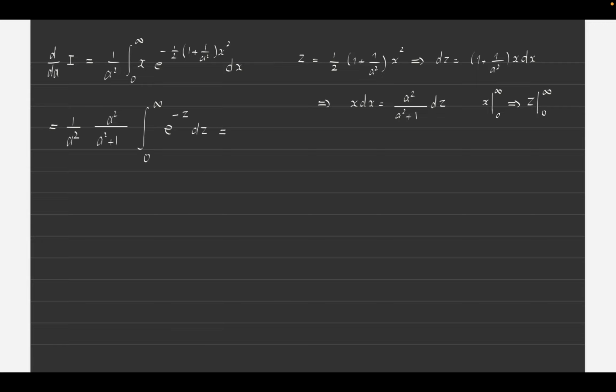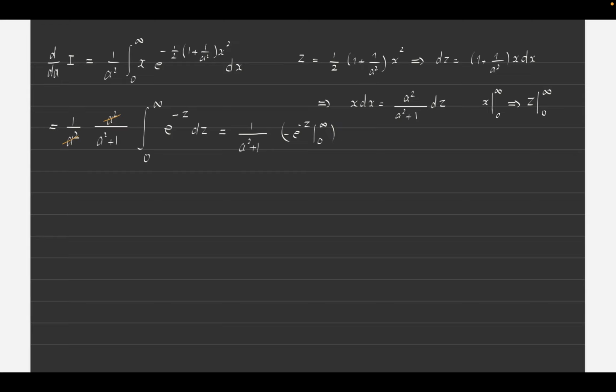Yes, but here this a squared and that a squared are cancelled, so I get 1 over a squared plus 1, and a primitive function for e to power minus z is minus e to power minus z, but I have to run it from 0 to infinity.